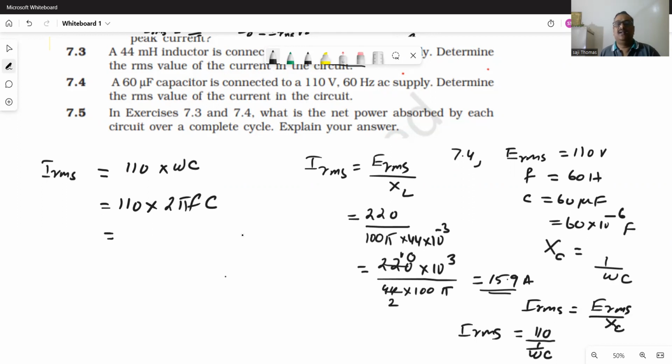So 110 into 2 pi into 60 into the capacitance, 60 into 10 raised to minus 6. You need to calculate this.